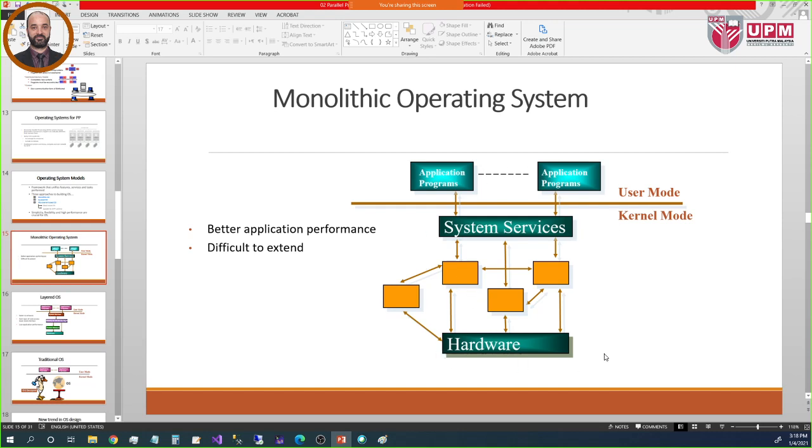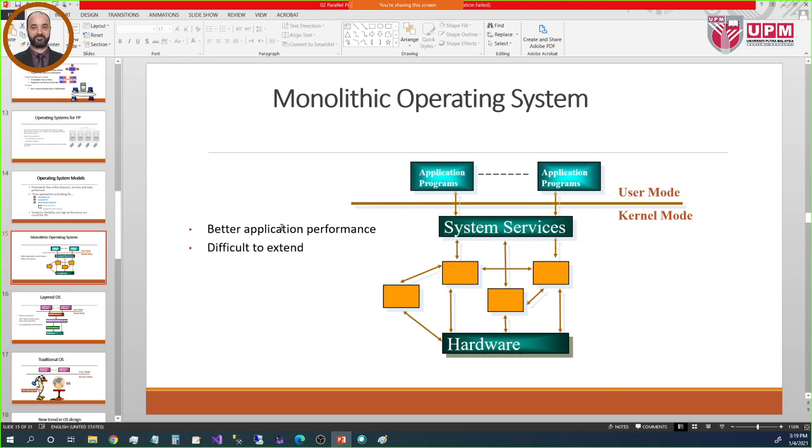So here we have hardware, we have some functions, then the system services that could be provided to the applications. Then the user could use the applications directly to have some services. So the kernel mode is starting from here, including all of that stuff: the system services, functions, and the interface to the hardware.